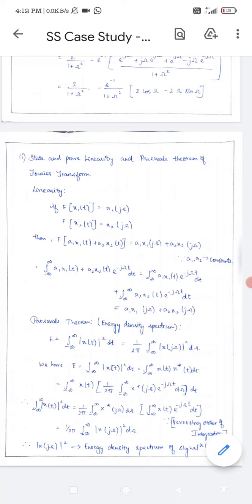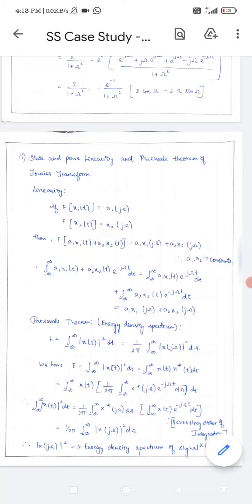By considering the integral of |x(t)|² dt, you will get 1 by 2π times the integral of X(jω) dω. By reversing the order of integration, we will get 1 by 2π times the integral from minus infinity to infinity of |X(jω)|² dω, which is the Parseval's theorem formula.